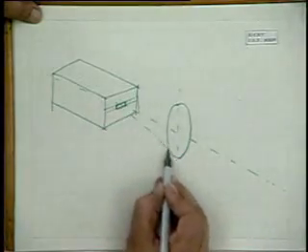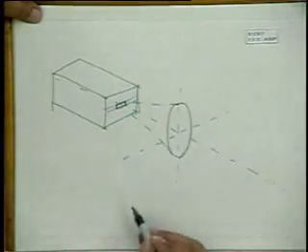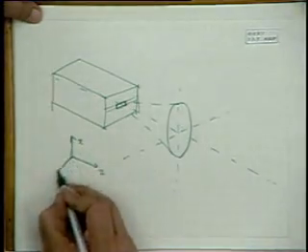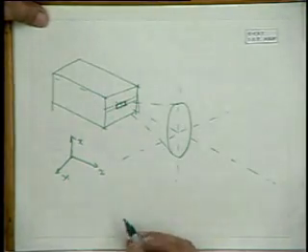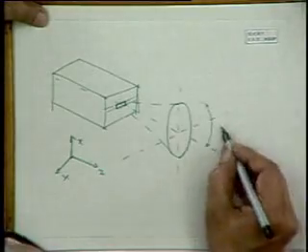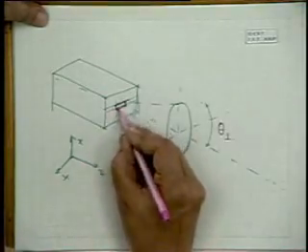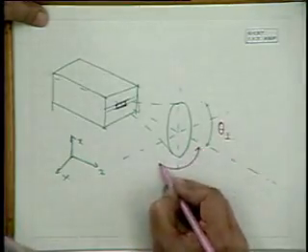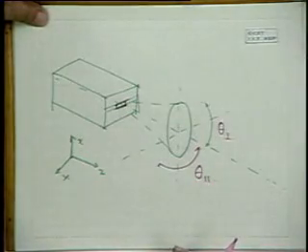So this is the x, this is z, and this is the y direction, and as I've defined, this angle is theta perpendicular, because this is the direction of the plane, and this angle is theta parallel.